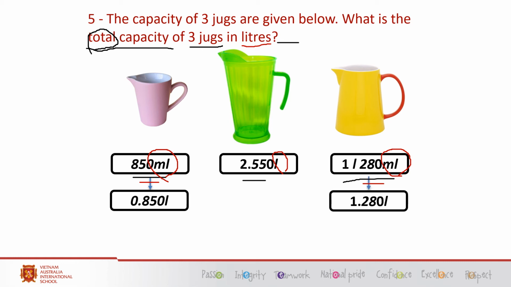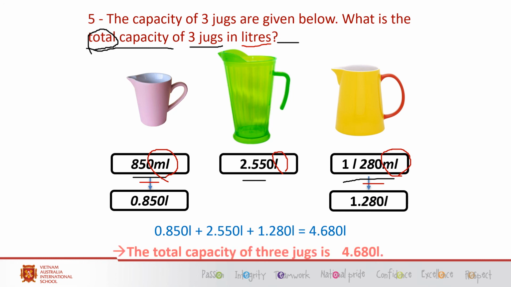When they all have the same unit, we simply find the total by using addition, and the answer is 4.680 liters. In this activity, you need to remember that if we see they have different units, we need to convert them to the same unit before we calculate. And we need to read the question carefully. Alright, next one.